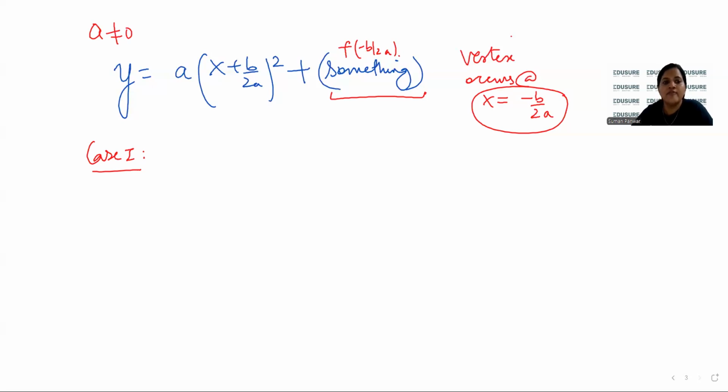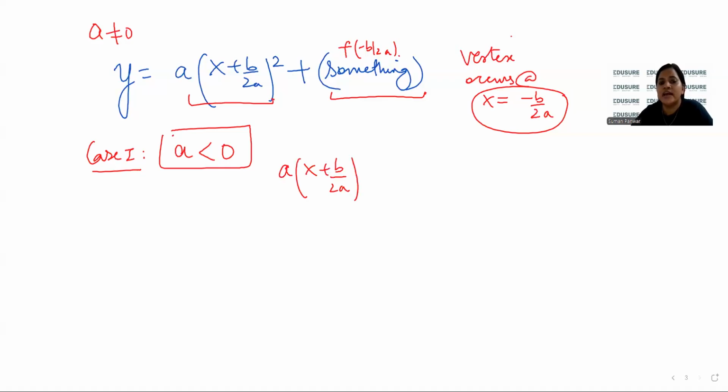So case 1, if a is negative. Now, if a is negative, this thing, a times (x plus b by 2a) whole square, is less than or equal to 0, because a is negative and this thing is greater than or equal to 0 because it is a square. So that means this is negative.